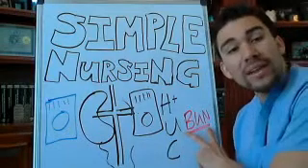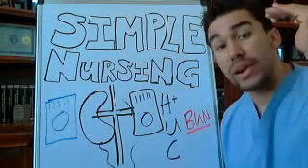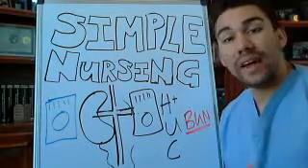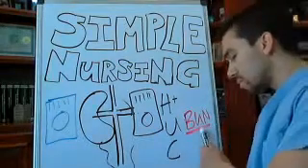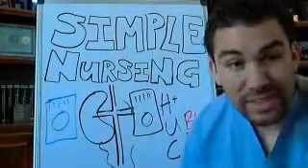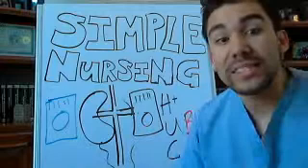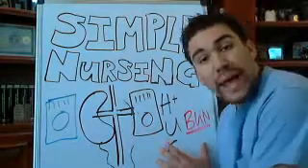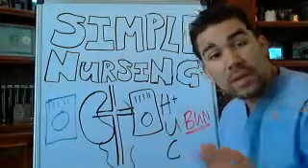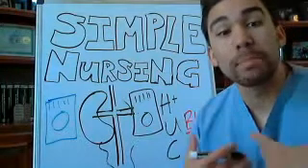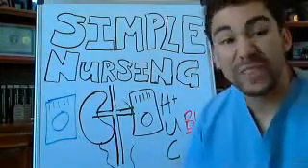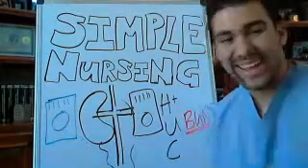So your BUN is going to be very concentrated, very, very high. So if your BUN's high but your creatinine is normal, think that your patient has burned buns. They're just dehydrated, very burned buns, okay?